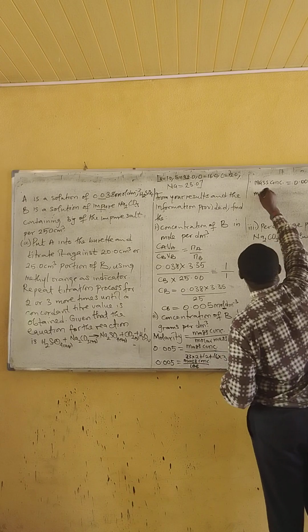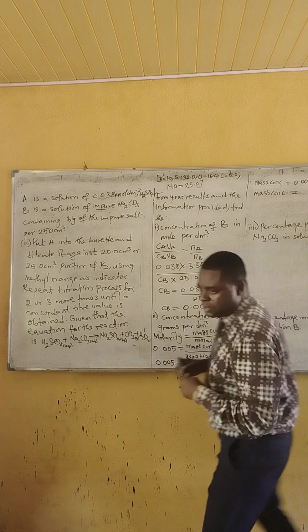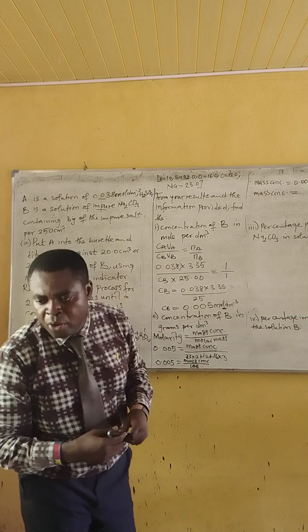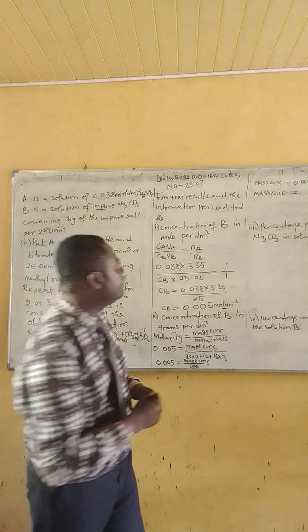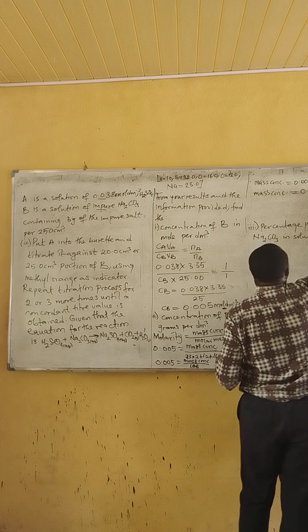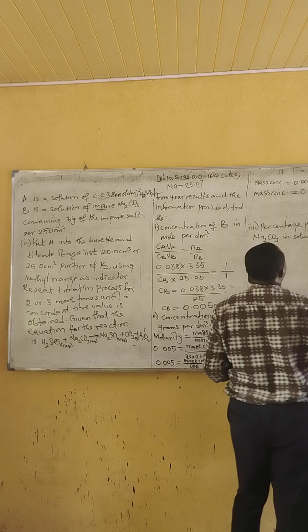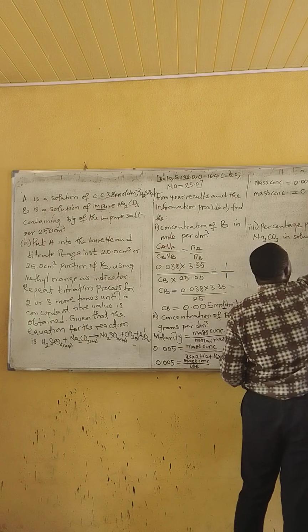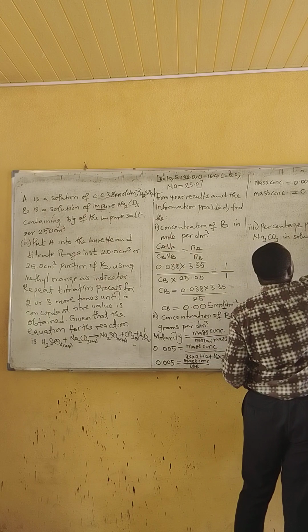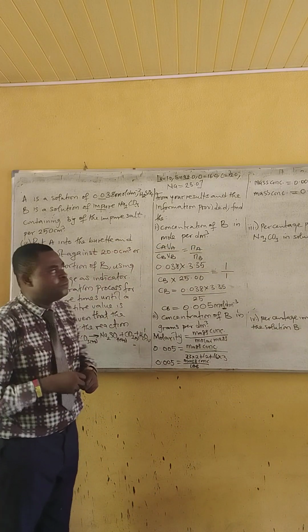So our mass concentration will now be equal to 0.53 gram per dm cube.